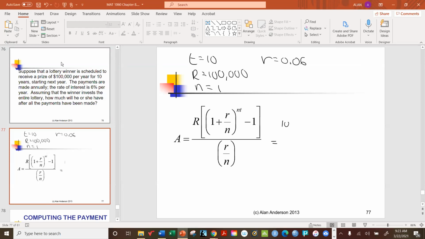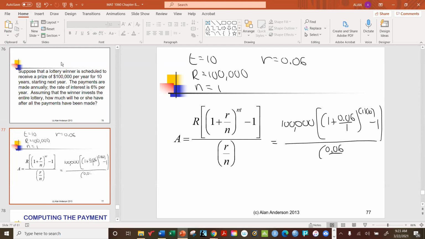Well, 100,000, then we have 1 plus 0.06 over 1. The exponent is 1 times 10, minus 1, all over 0.06 over 1.